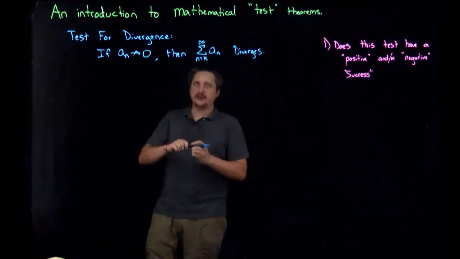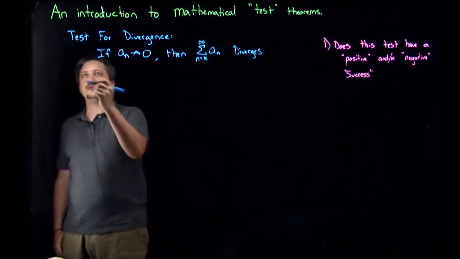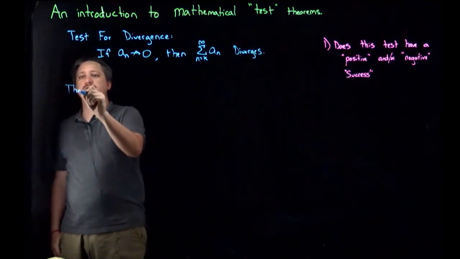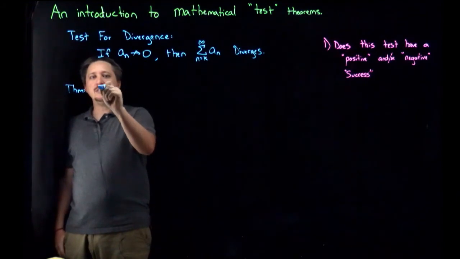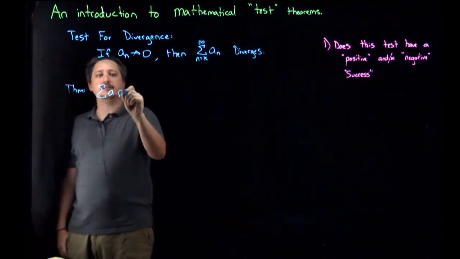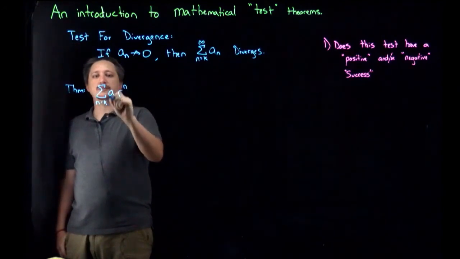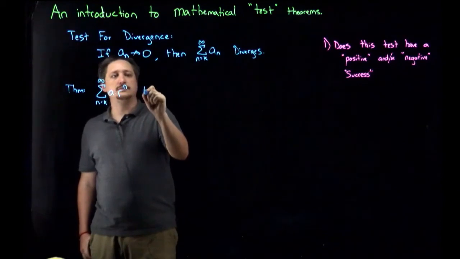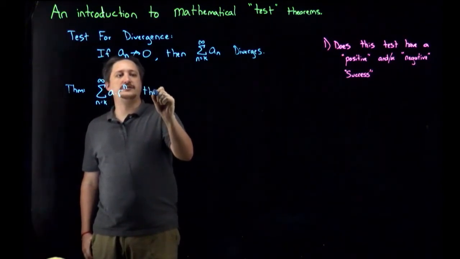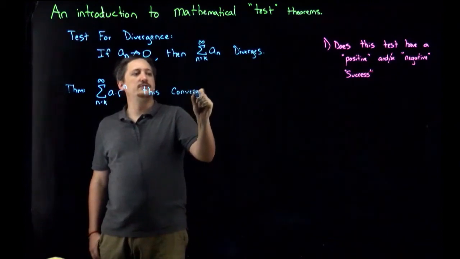So this is one example. Another example we did was the geometric series. We had a theorem for geometric series that said that if you have the series of a times r to the n, n going from some k to infinity, then this series converges.